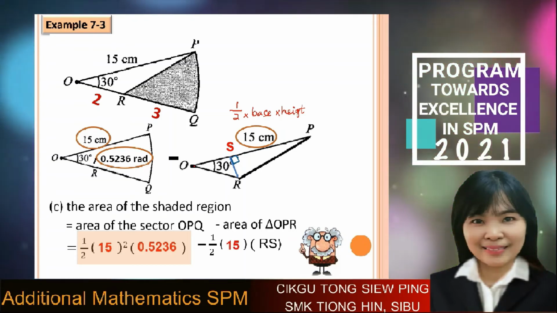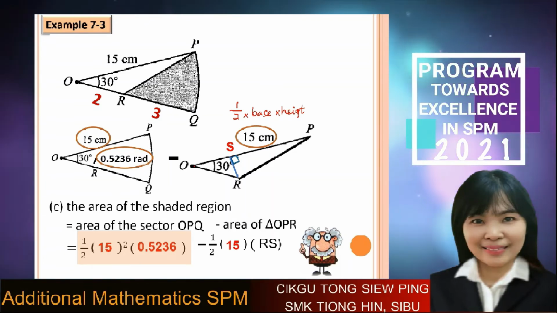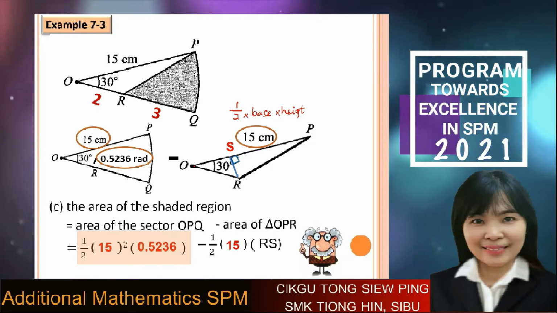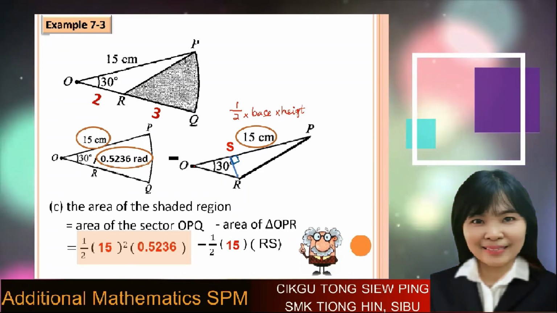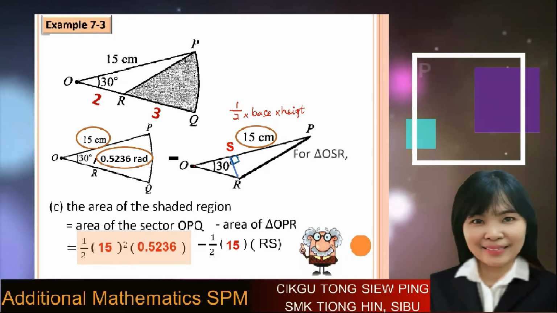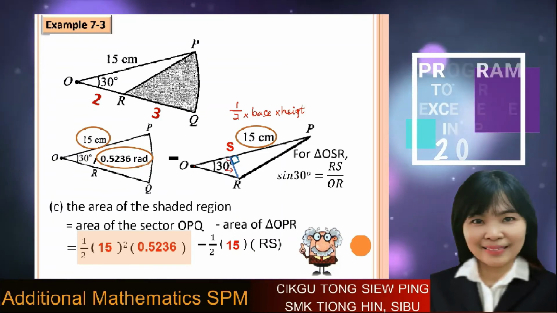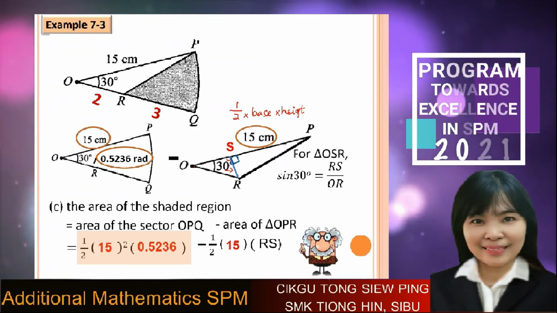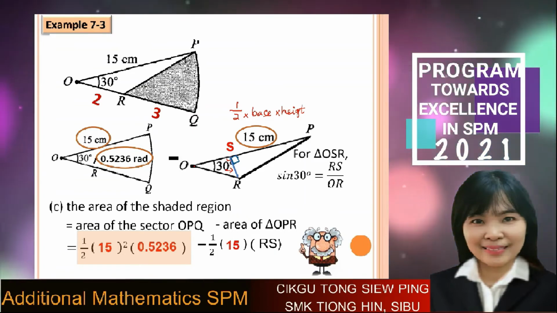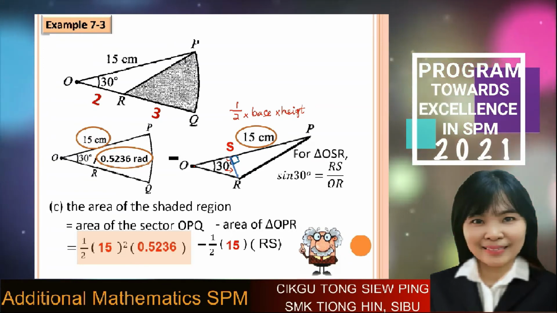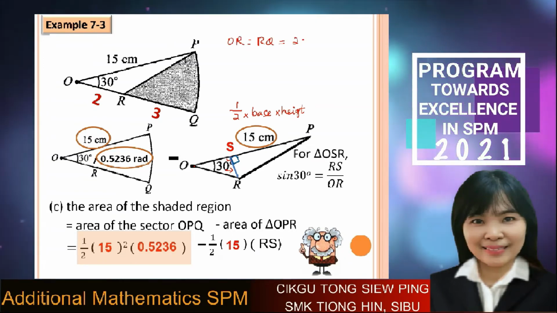Now we have to look for the height RS. OSR is the right angle triangle. Therefore, we can use the trigonometry function, that is sine function, to solve for RS. Sine 30 is equal to RS over OR. OR is not given in the question. Therefore, we need to look for the value of OR first. But we know that the ratio of OR to RQ is equal to 2 to 3.